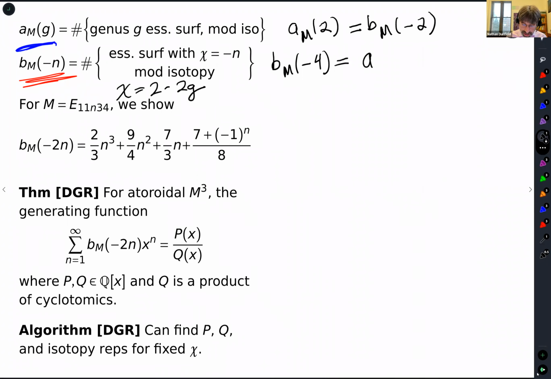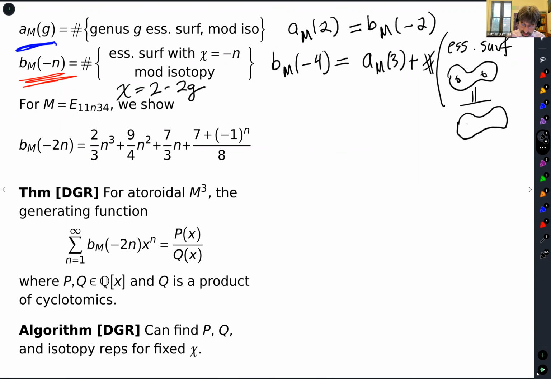So this is going to be Am of 3, plus another way we could have Euler characteristic minus 4 is two surfaces of Euler characteristic minus 2, that is, two surfaces of genus 2. So this is equal to A3 plus the number of essential surfaces that look like the disjoint union of two surfaces of genus 2.